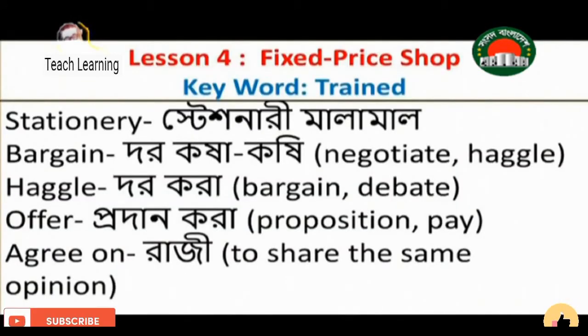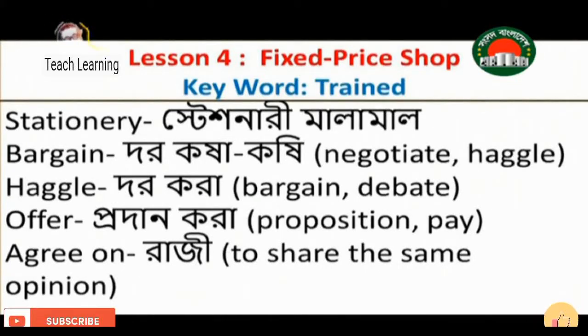Before starting our lesson, we will learn some keywords. Here you can see some words, their Bangla meaning as well as some synonyms. Stationery means you can buy paper, pens, pencils and any other materials related to your study.